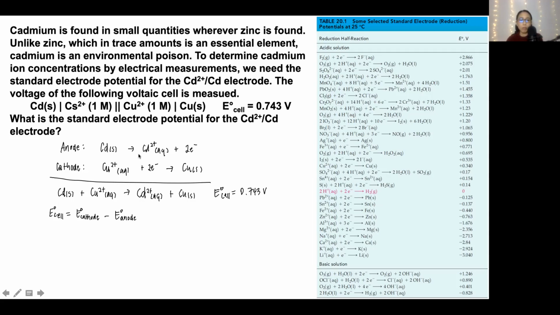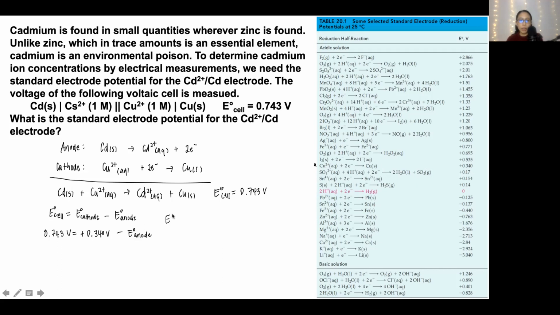Because we are looking for the standard electrode potential of the anode. So we have 0.743 volt as the standard cell potential. And from our table, we have positive 0.340 for the standard electrode potential of your copper, which is in the cathode, minus our unknown.